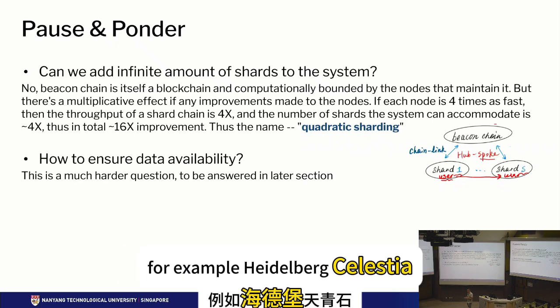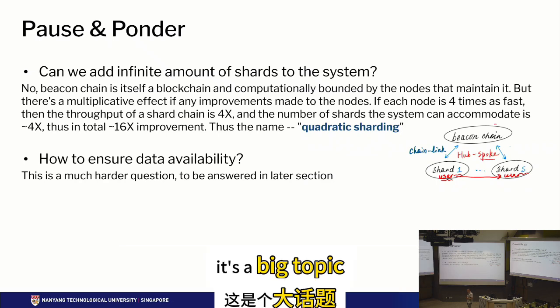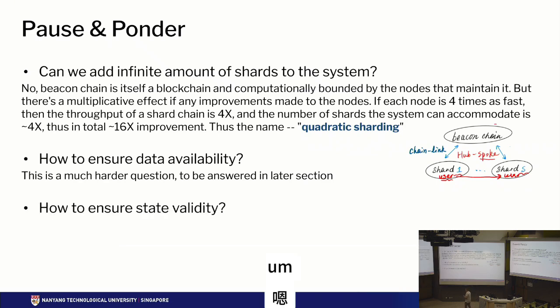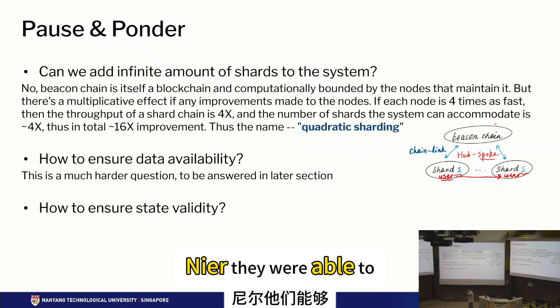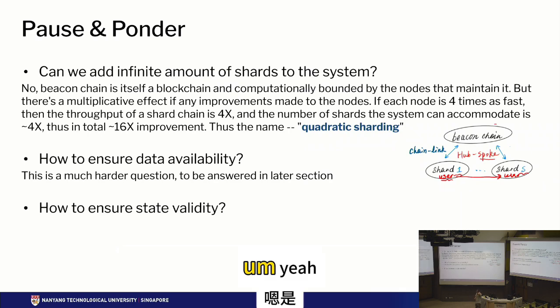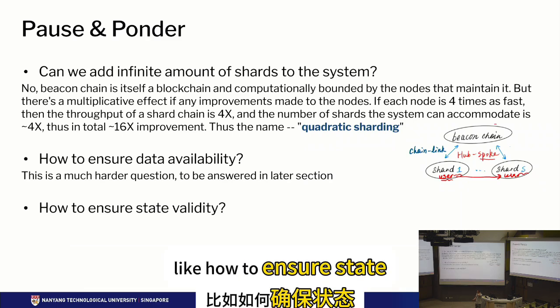For example, Eigenlayer, Celestia, how do they do data availability? It's a big topic, so today we won't talk about that. Yeah, but for Near, they were able to handle the data availability properly. Yeah. So I think the last question will be much easier: how to ensure state validity.